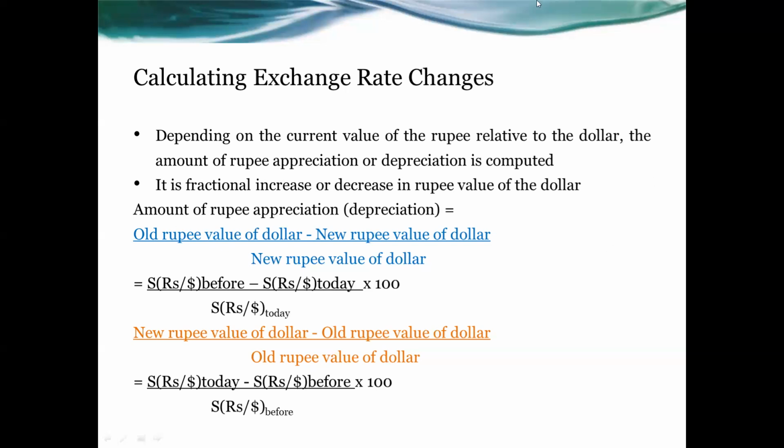That's the way we calculate appreciation or depreciation rates. If we want to know it the other way around, that is, to calculate the appreciation and depreciation in terms of the dollar, then we have to take it the other way. We will check the calculation in the next slide and see how it goes.